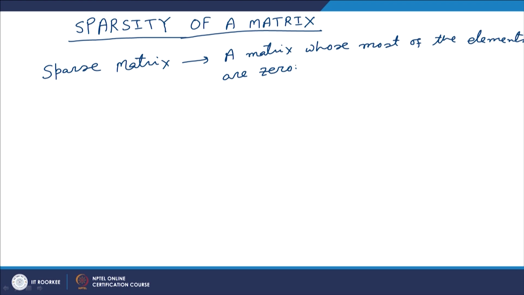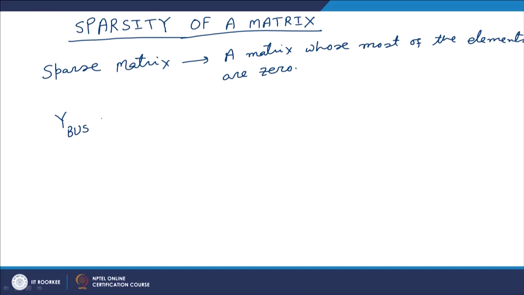Now, the question is how this sparse matrix is really relevant to this particular course or to our discussion. To understand that, let us again revisit the Y bus matrix. What is Y bus matrix? It simply shows the connectivity of the entire system.